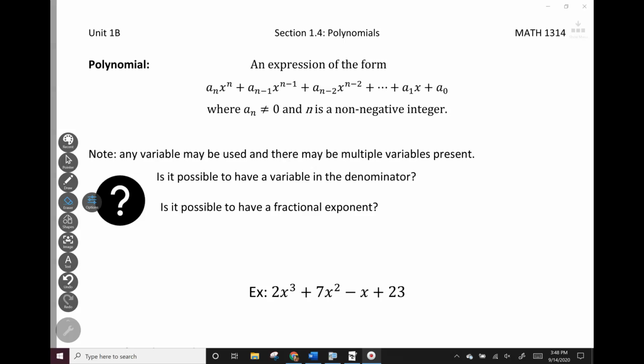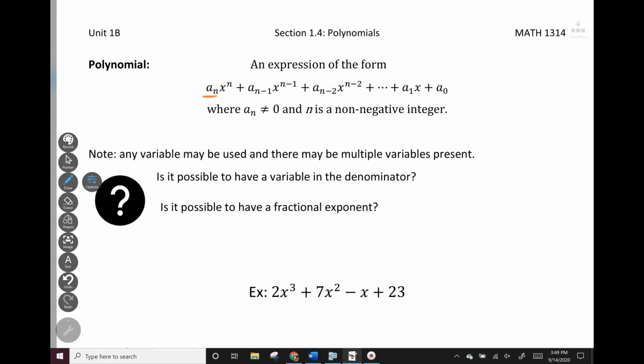Today we're starting polynomials. A polynomial is defined as an expression of the form, all of this that looks really crazy, but all that's saying is you're going to have a coefficient, a sub n, so any number, and then your variable x to some power n.